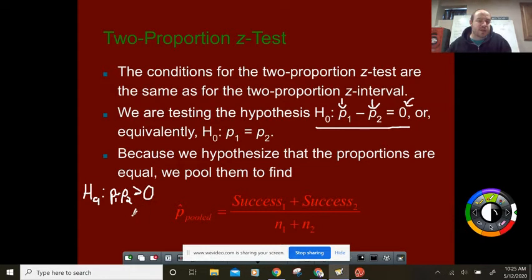It is possible that it could be less than zero, or it is possible that it's just flat out not equal to zero. And the wording of the question is what's going to tell us that. It is going to say something along the lines of, hey, we believe that the first sample is going to be higher than the second one, or we believe it's going to be less than the other one, or we believe that it's not the same as the other one.